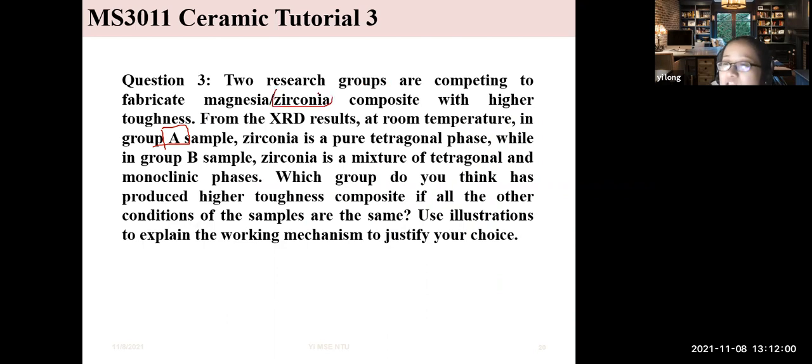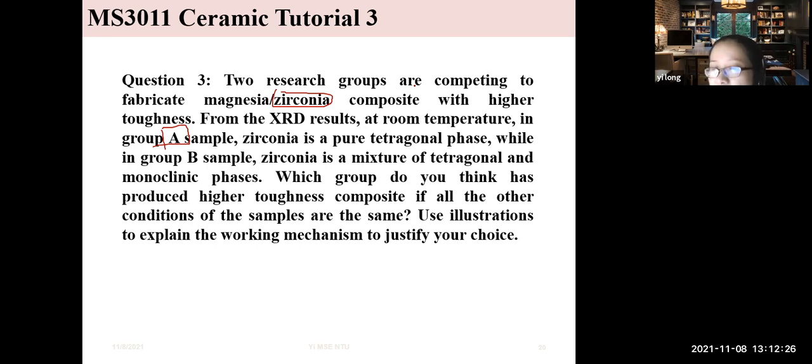This little lovely guy here, with higher toughness. From the XRD results at room temperature, in group A zirconia is pure tetragonal phase, while in group B zirconia is a mixture of tetragonal and monoclinic phase. So which group do you think has produced higher toughness?